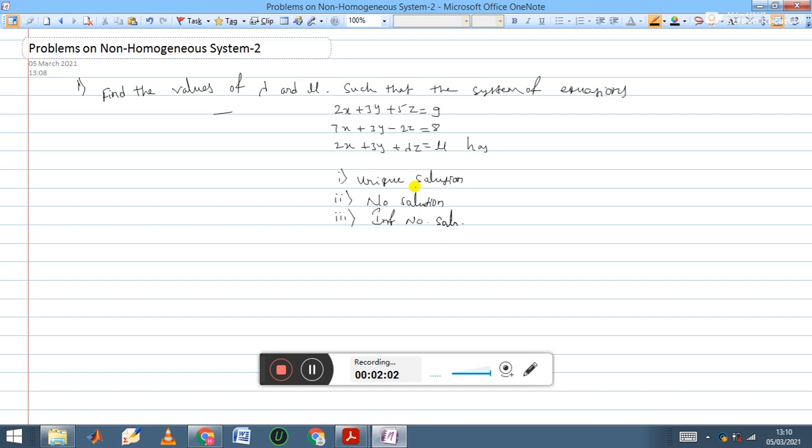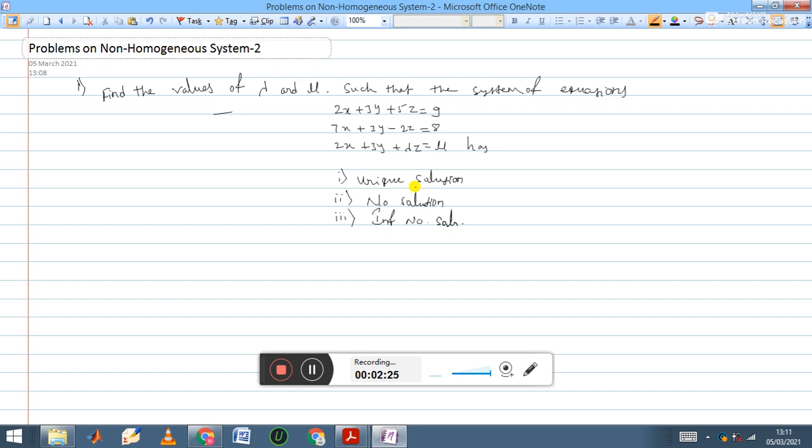So this is the given problem. Let's recall once. Find the values of lambda and mu such that the system of equations has unique solution, no solution, infinite number of solutions. So they are given two special constants here, lambda and mu.